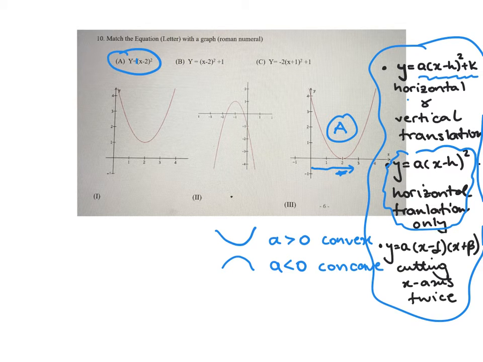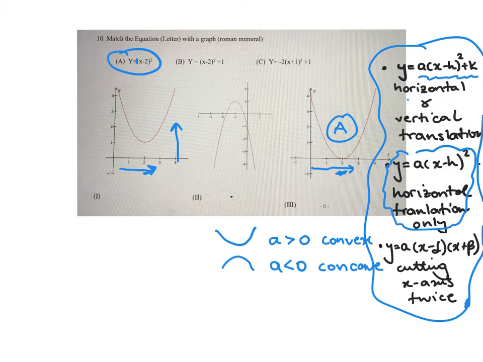So now let's have a look at the first one, this one here. It doesn't have any x-intercept, so it's definitely not the last one. But it looks like it has been shifted horizontally as well as vertically.